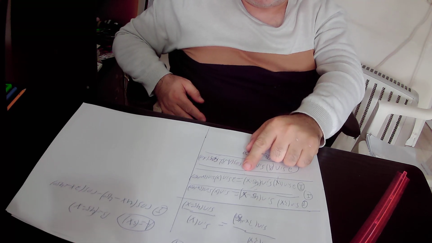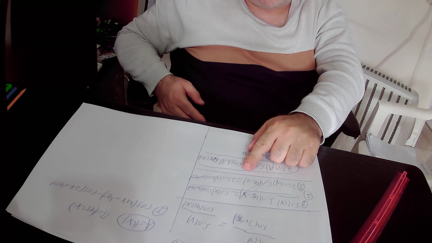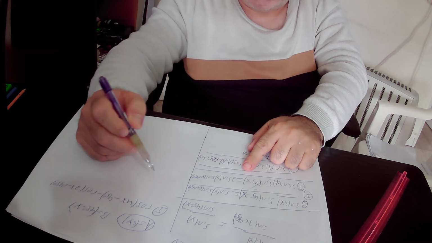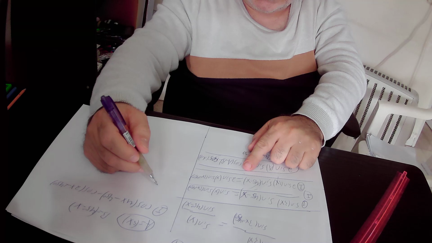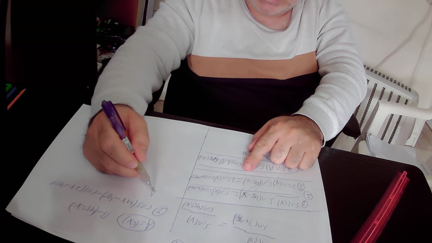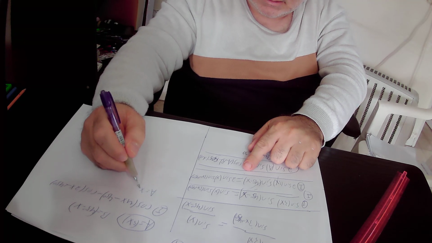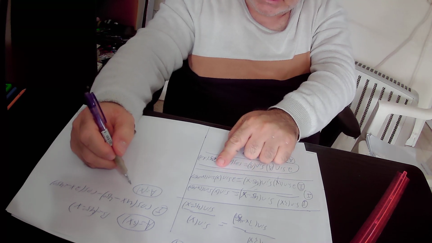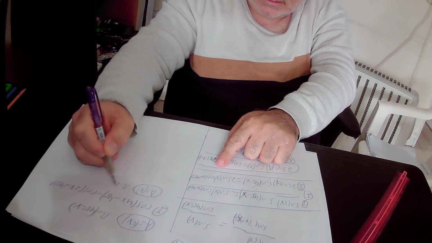Now we will go to the expression on the right side of equation number 1. Here, for 2 sine x sine (3x plus 45 degrees), A equals x and B equals 3x plus 45 degrees.